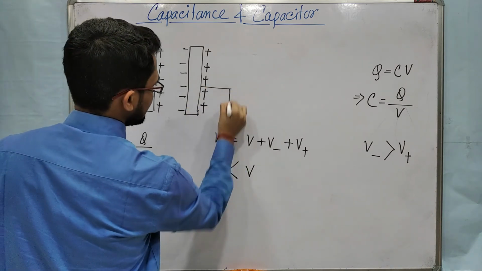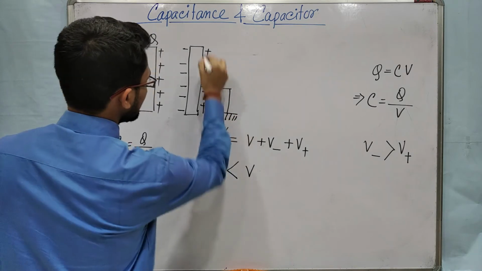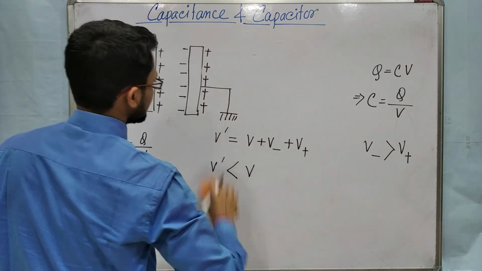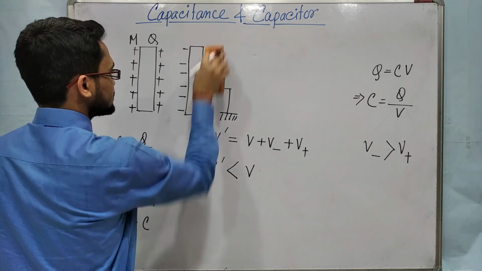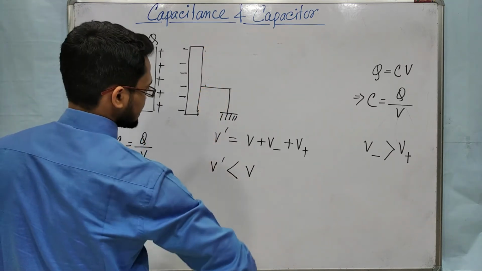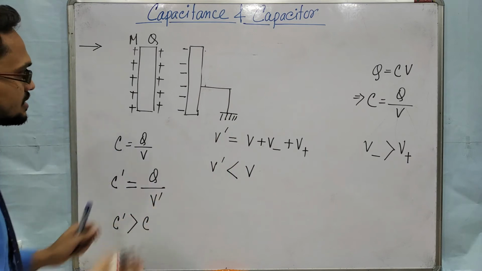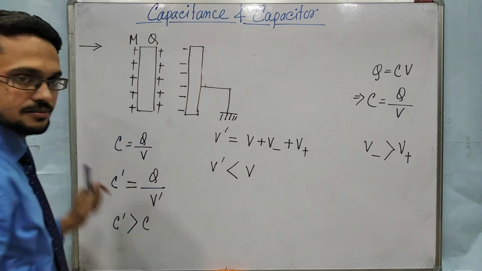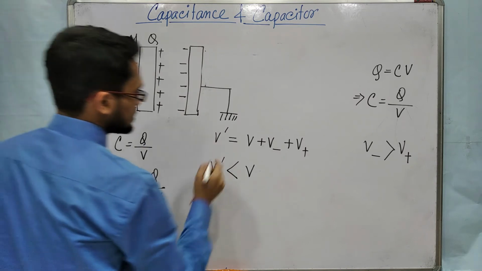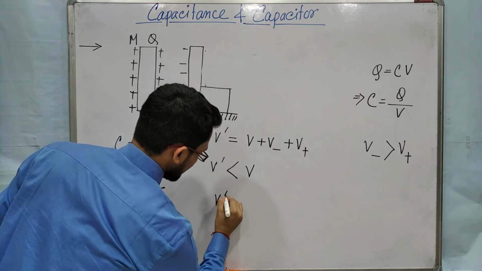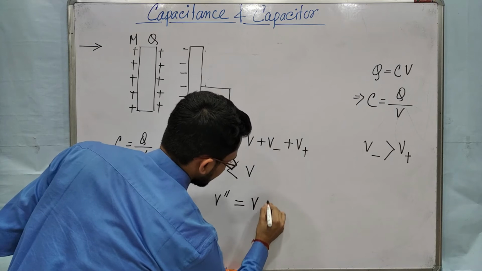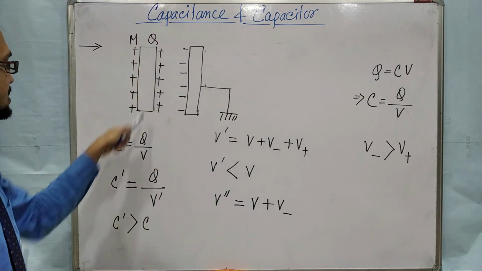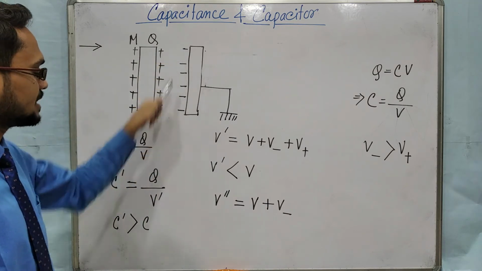I am grounding this part, only this side. Then what will happen? This plus charge will go away. There will be no plus charge because it is grounded. So only minus charges will be there due to this induction. Then the potential will be V double prime equal to V plus V minus, the potential due to this charge plus the potential due to minus charge.